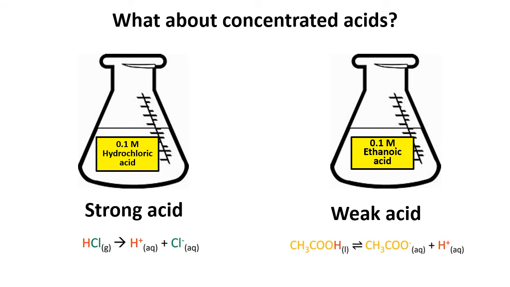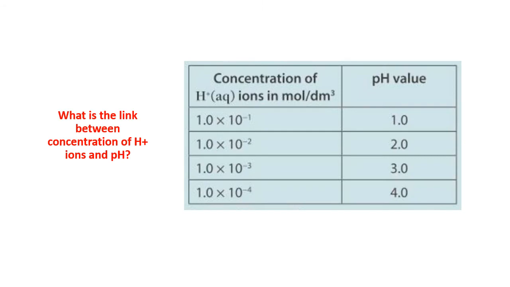Now let's say I was to take my hydrochloric acid and I wanted to dilute the solution. We're now going to look at what happens to the pH if I dilute this strong acid. I want you to look at this table and think about what the link is between the concentration of hydrogen ions and pH.